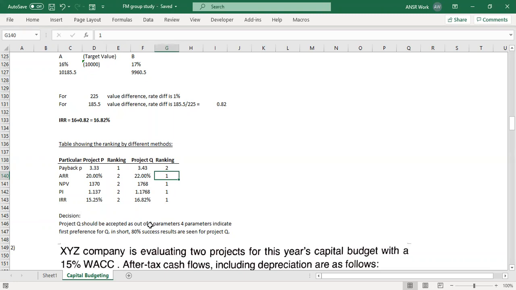Discounting and rate of return are two different things, and here we are discounting. We are finding the present value of the cash inflows. So when I say 10,000 and the rate of return is 10%, that gives me a total return of 11,000, right?